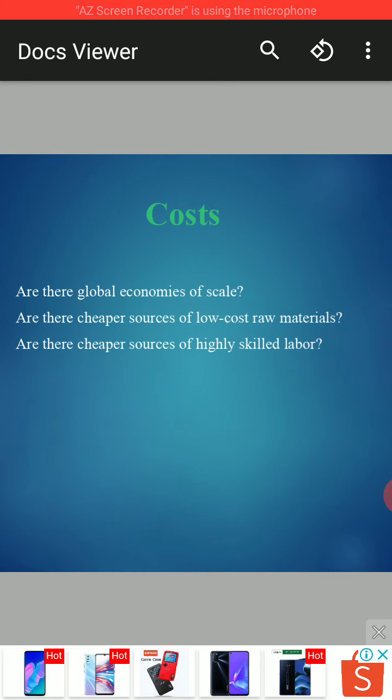The question about cost, the first one here: are there global economies of scale? To gain economies of scale, the firm must go global and sell worldwide. Tesco benefits from economies of scale because they have a large scale of business and are constantly opening new stores around the world. They have thousands of stores over the world.